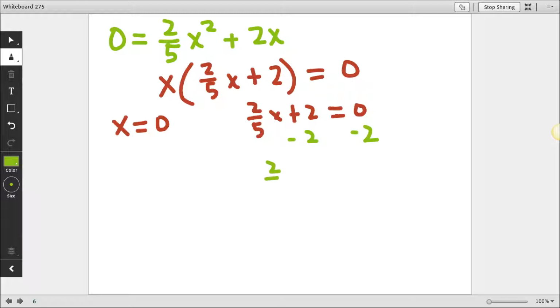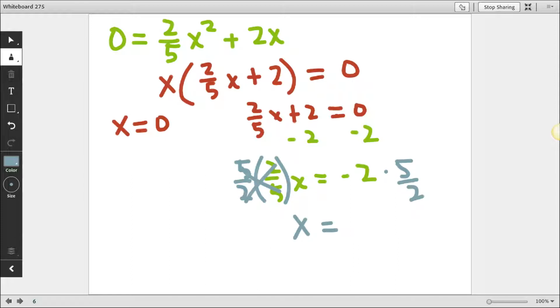And that's going to give me 2/5 x equals -2. And then to solve for x, you have to multiply by a reciprocal. And so those are going to cancel, and we're going to end up with x equals -5.